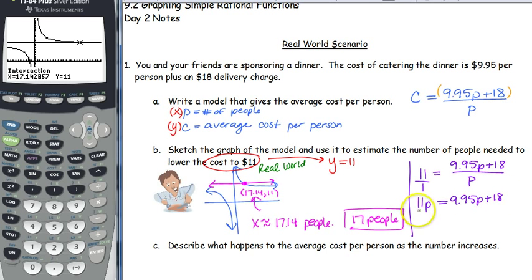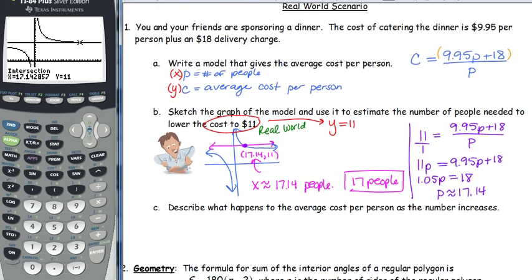Move that 9.95p over to the left by subtracting. We're left with 1.05p is equal to 18. Divide by 1.05 and we get p is about 17.14, which is exactly what we found when we traced and exactly what we found when we found our intersection point. So a bunch of different ways that you can go about solving that.